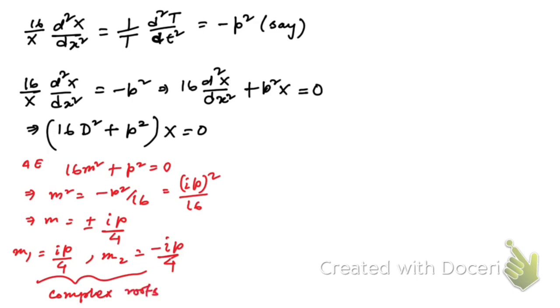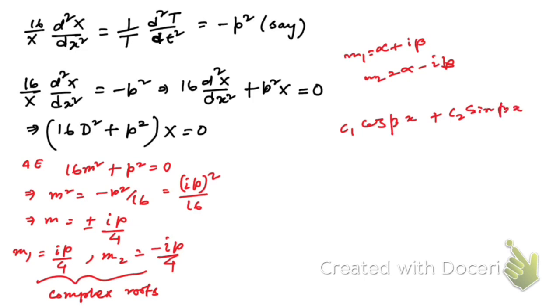When your roots are of the complex form, m1 is alpha plus i beta, and m2 is alpha minus i beta, in that case what should be your solution? The solution is given by c1 cos beta x, if the variable is x, plus c2 sin beta x, into e to the power alpha x.